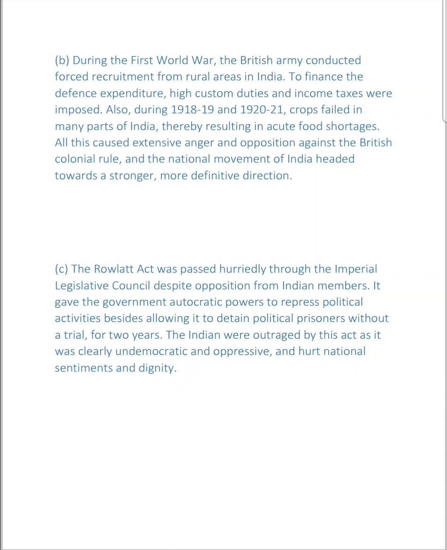Also, during 1918-19 and 1920-21, crops failed in many parts of India, thereby resulting in acute food shortages. All this caused extensive anger and opposition against the British colonial rule, and the national movement of India headed towards a stronger, more definitive direction.